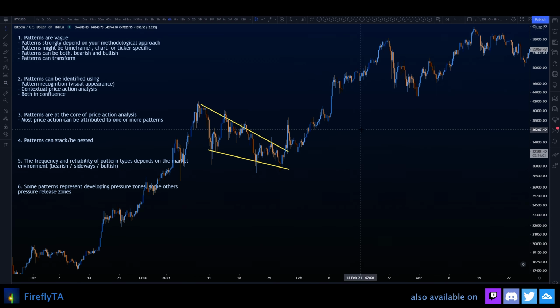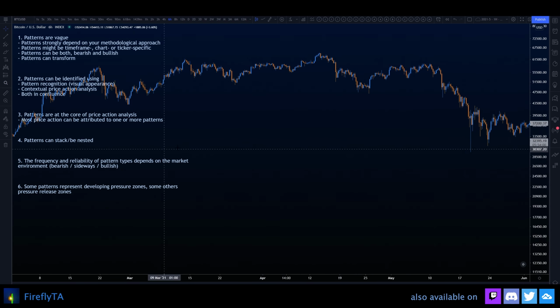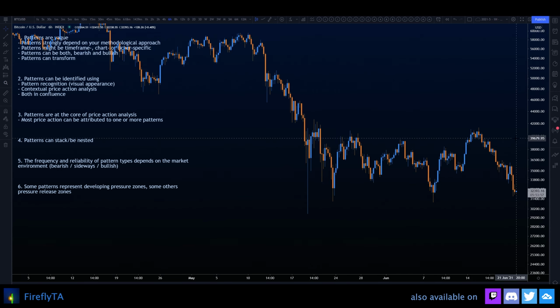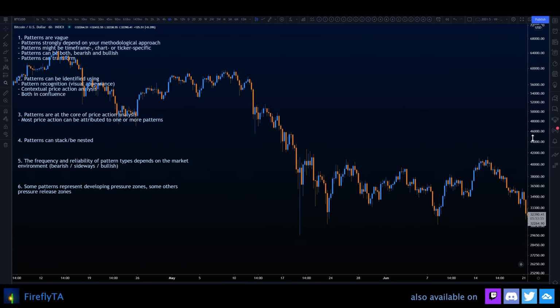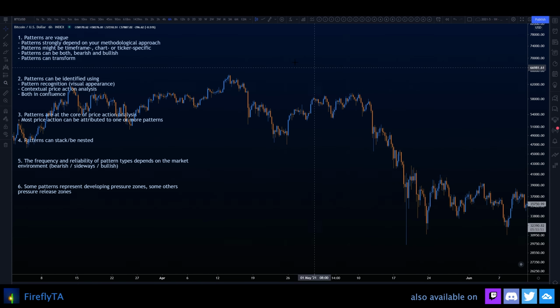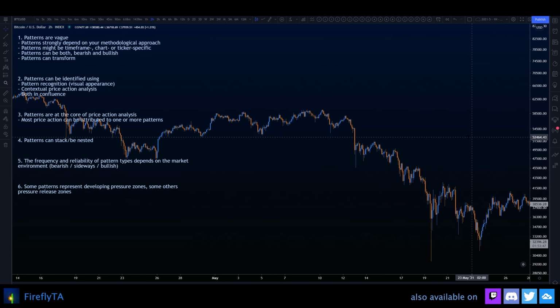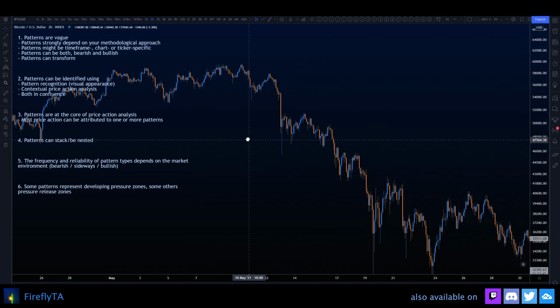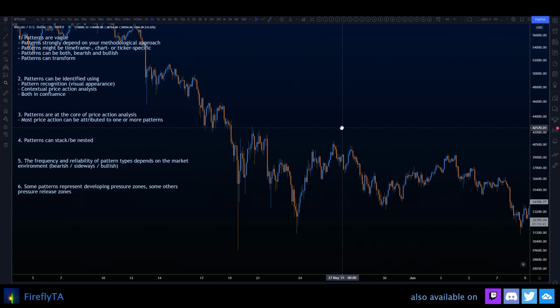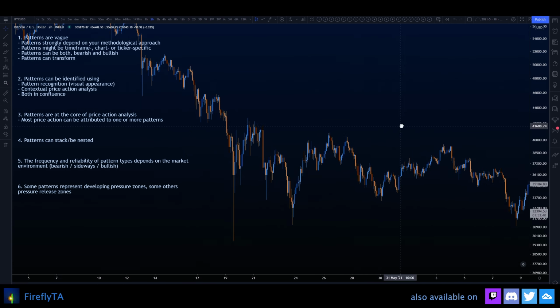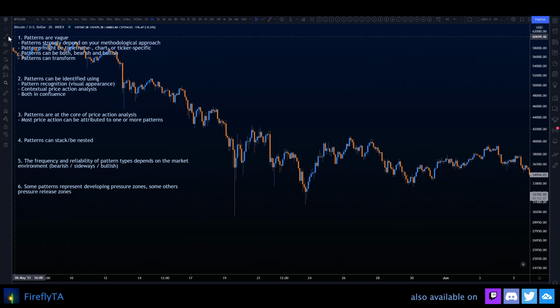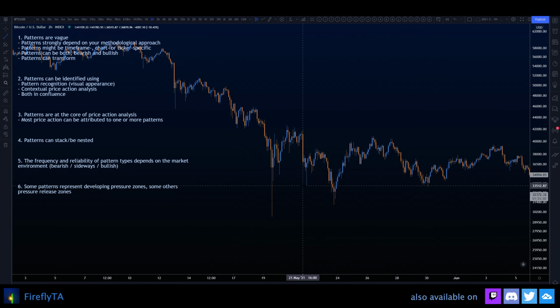However, if you see falling wedges in a bearish environment, let's have a look. Going to the lower time frames. Let's see.